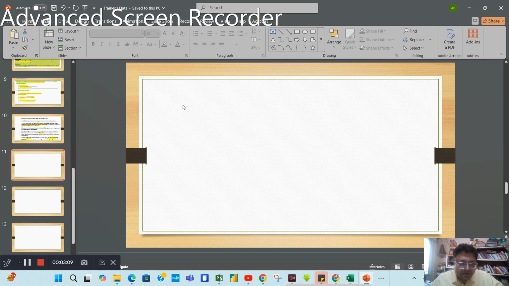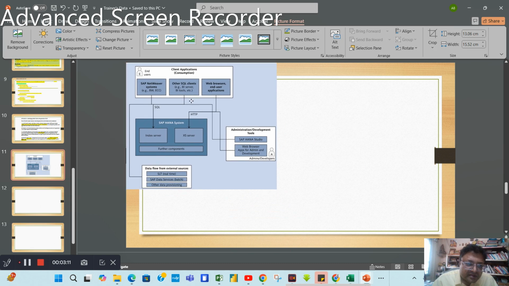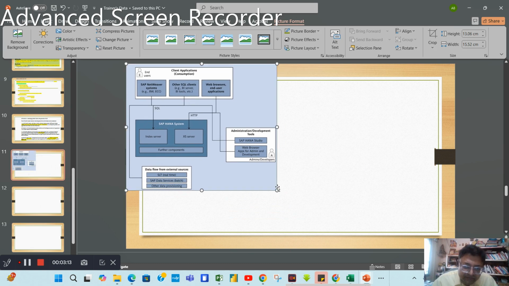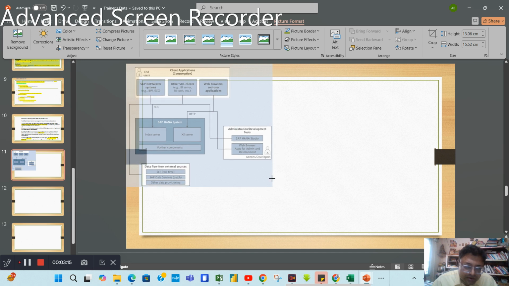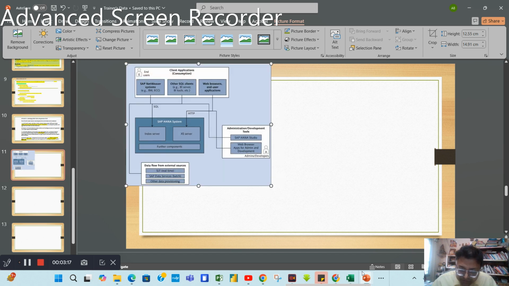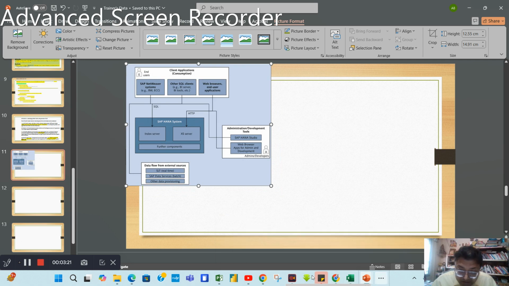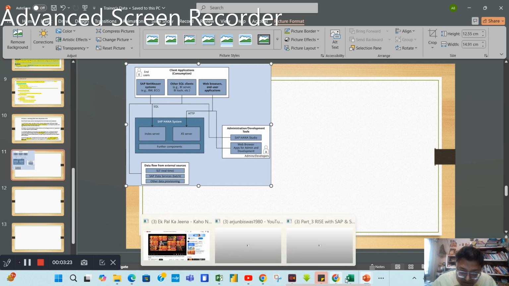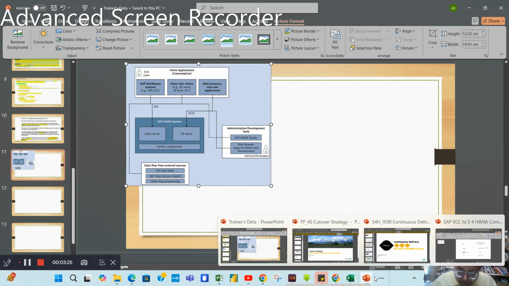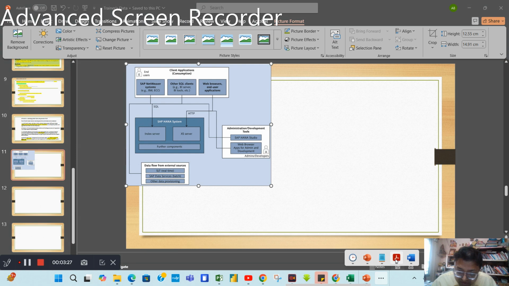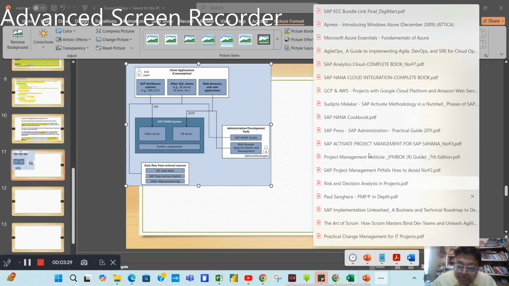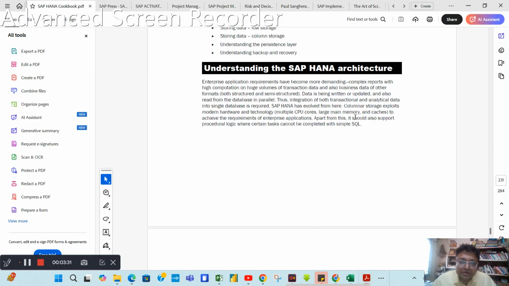Let us go here. This is the diagram that is coming from this book on SAP Press. And if we go to the other book, the one that I have kept under Adobe PDF, this one, the HANA cookbook.